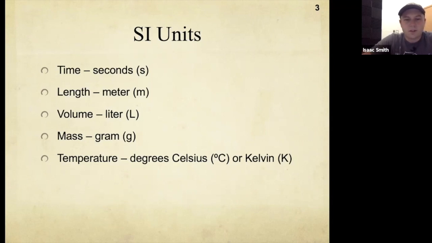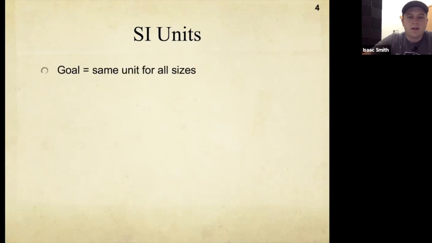So that's usually what you'll see it in. And a lot of the formulas that we use are going to be using these units. So we'll need to be comfortable converting, for example, from feet to meters and stuff like that, which we'll get into. But first off, we'll start out here.